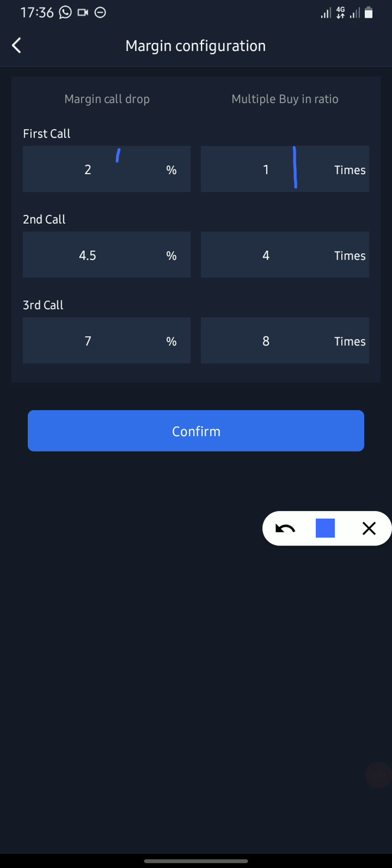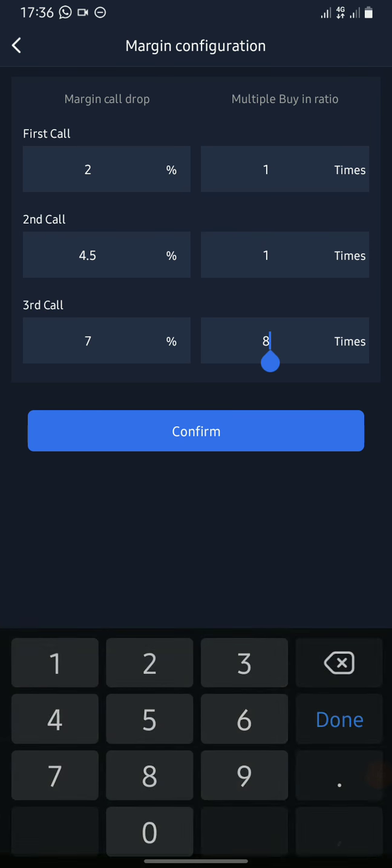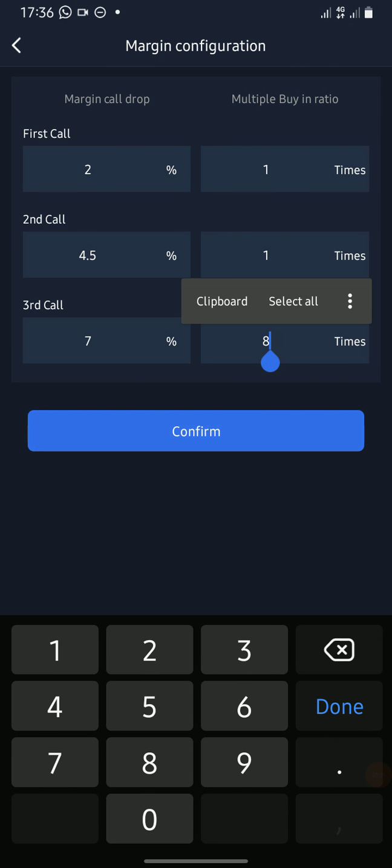Now from the 2% drop here, when it drops by 4.5%, it will buy. Okay, I don't have up to all this because this 4 means it will buy $40. So I have to change it to 1, and then this one to maybe 2. I think I can still go that way. 10, 10, 10, 20.